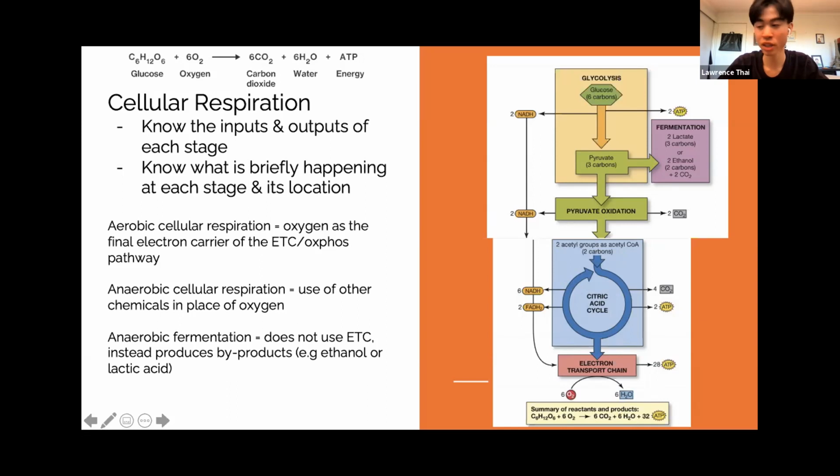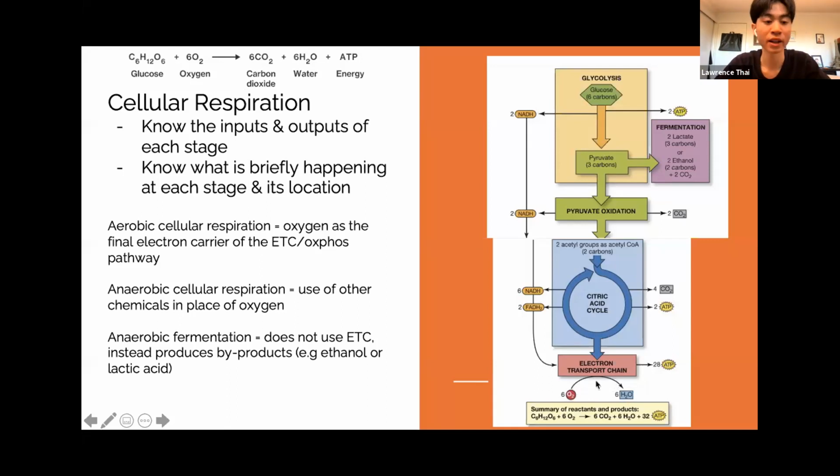The top bit is just a really basic overall equation for cellular respiration. It's just what's happening from glycolysis to the electron transport chain. And over here are the three main ways that organisms produce energy. Aerobic cellular respiration involves oxygen as the final electron acceptor.